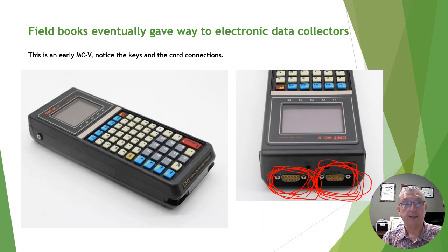I have personally, and I've known of several others who for the first few months, sometimes a couple of years, the advantage of the data collector was not in collecting data, it was in entering it. So before the data collector, all the angles and distances had to be written into a field book with a pencil.